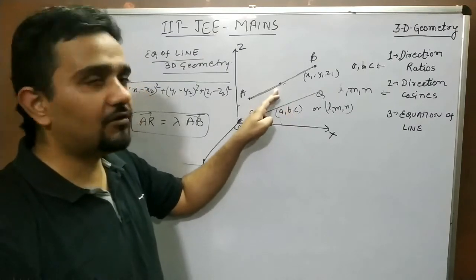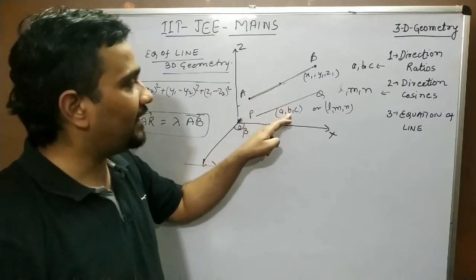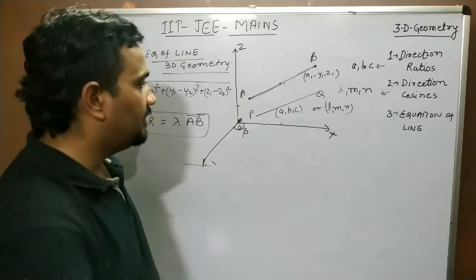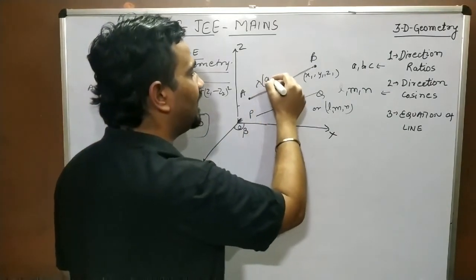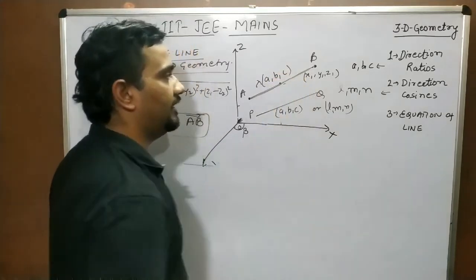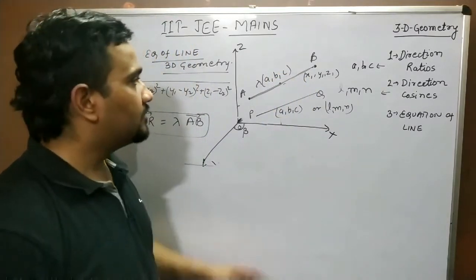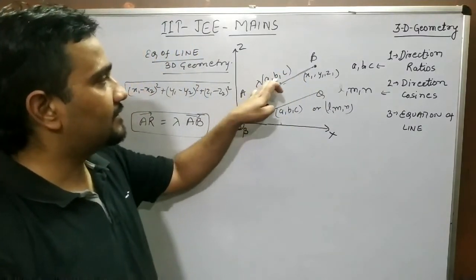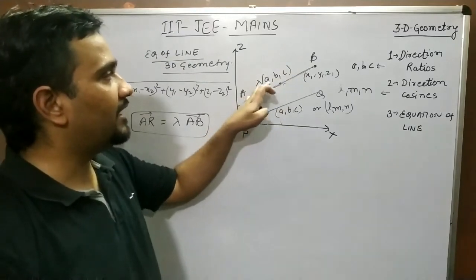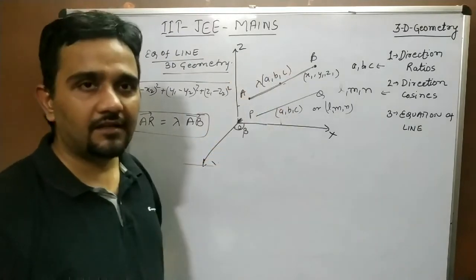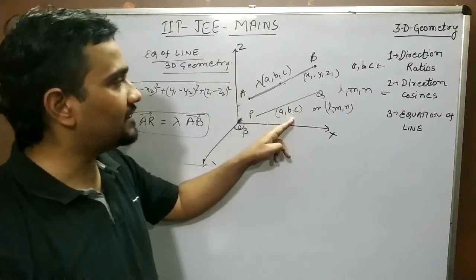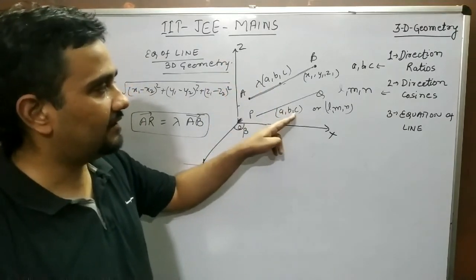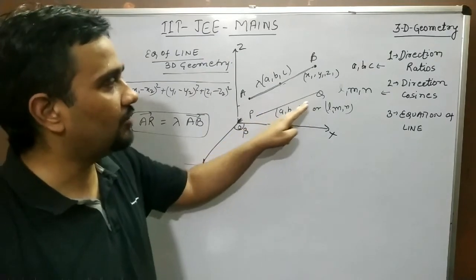Because this line is parallel to this, multiply lambda with A, B, C. So this line's direction ratios will be lambda A, lambda B, lambda C. So this is parallel to A, B, C. Understood? So one constant is multiplied with A, B, C, the direction ratios of the PQ line.